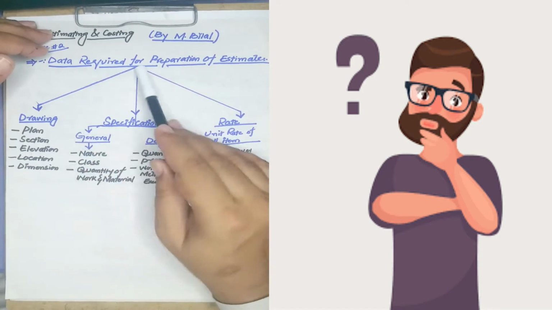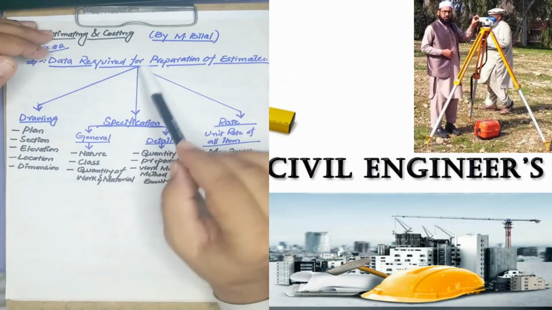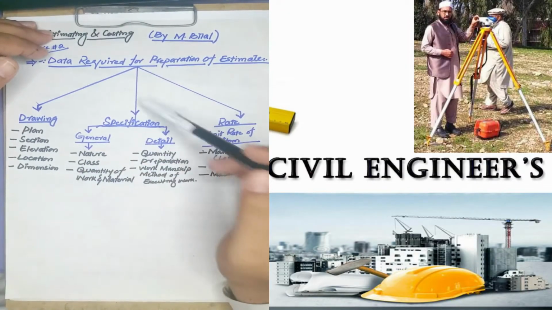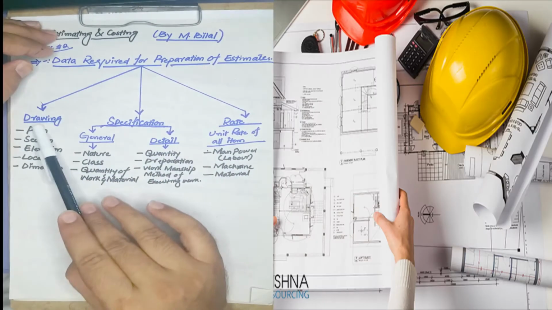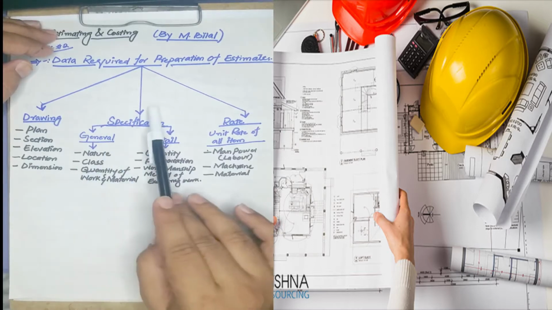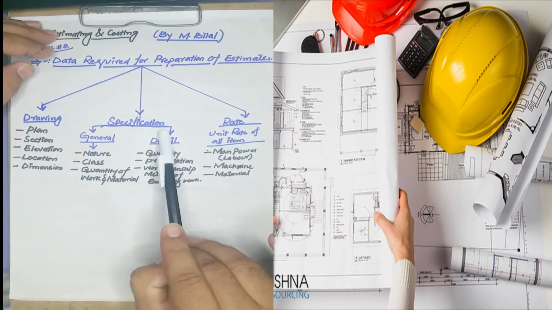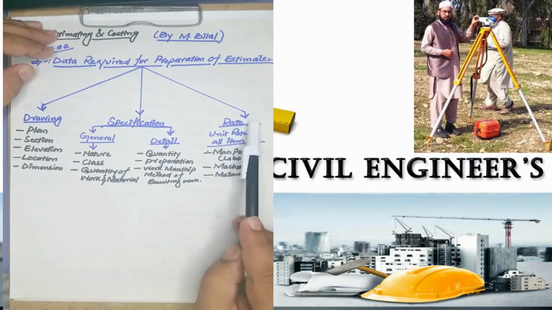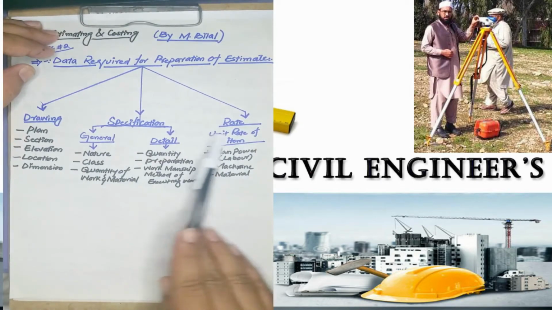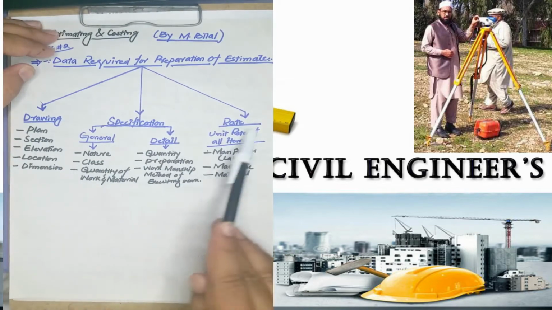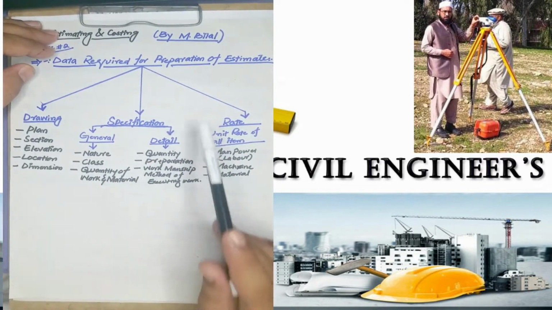There are mainly three types of data required for estimation. The first is drawing, the second is specification, and the third is rates. These are the major components for the preparation of an estimate.